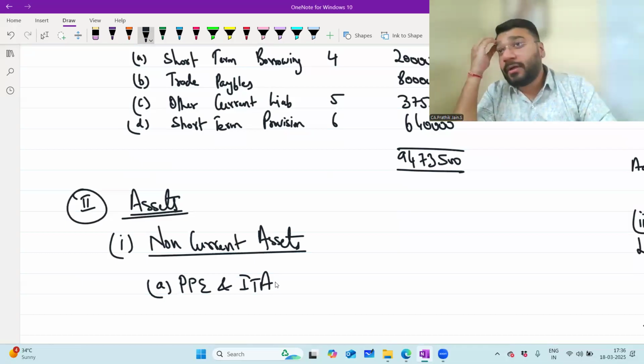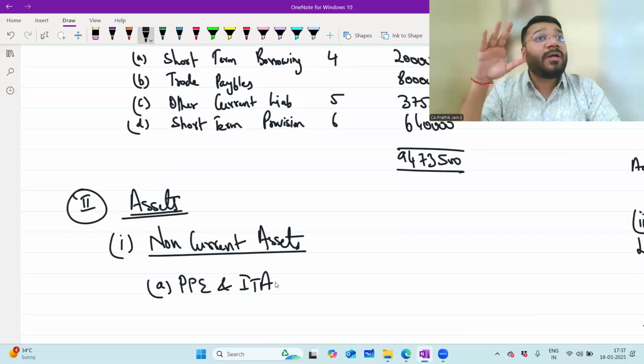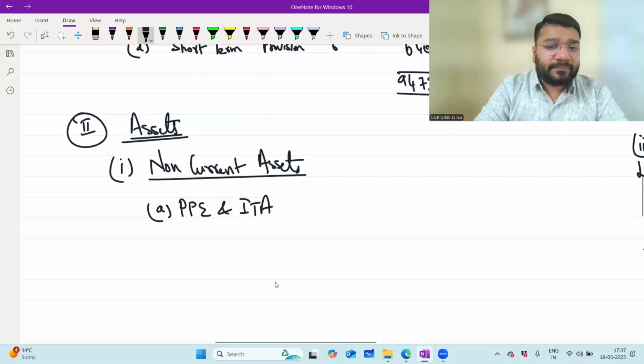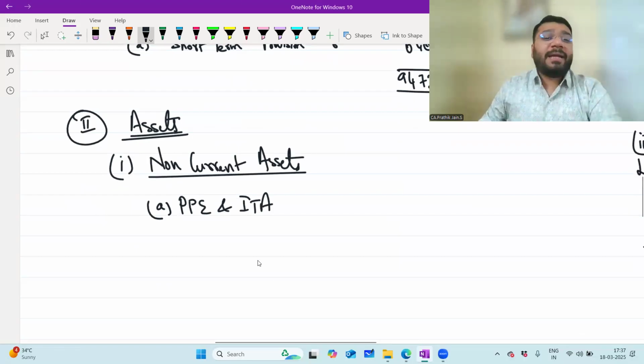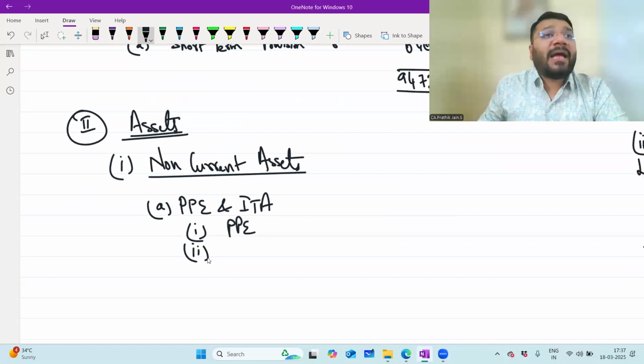Sir, can we write this shortcut in exam? If time permits, you write the elaborated one. Otherwise, shortcut is also fine when time is not sufficient. Property, plant, equipment, and intangible asset. Under that, first one, property, plant, equipment. Second one, intangible assets. Do we have? No, we can skip that.